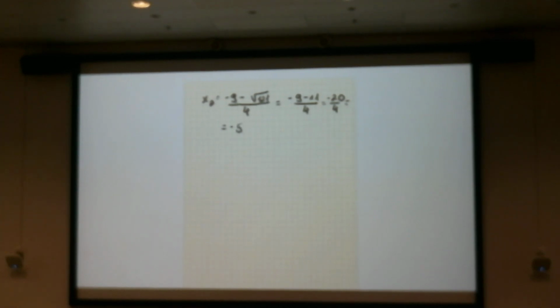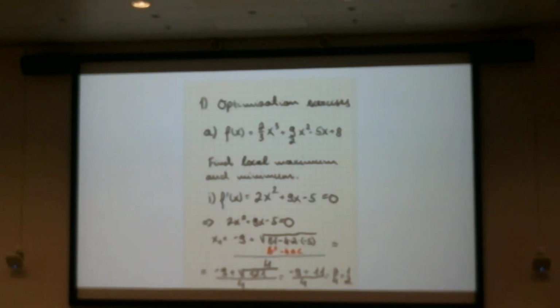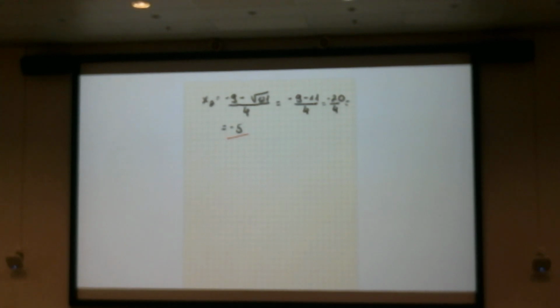So we have 2 points: minus 5 and 1/2. These points potentially give the location of a local maximum and or local minimum. The first step is done: we found the critical points by taking the derivative and equating it to 0. Now we need to understand whether these are local maximum or local minimum locations.